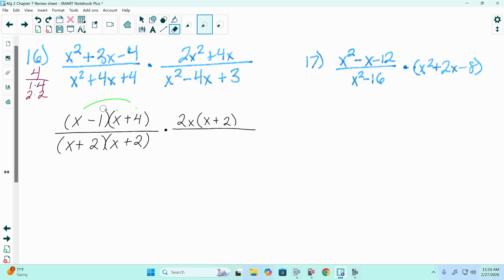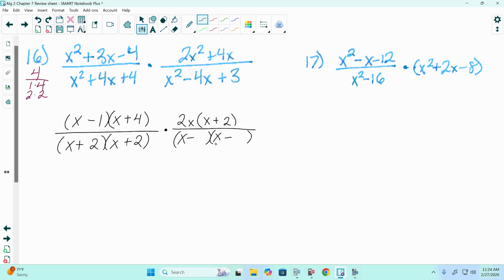Now we'll move on to our last set of factors. x squared minus 4x plus 3. Again, no greatest common factor. If there was, we'd factor it out and then factor it further if possible. Since the third term is positive, the signs are the same and match the sign of the middle term: negative, negative.